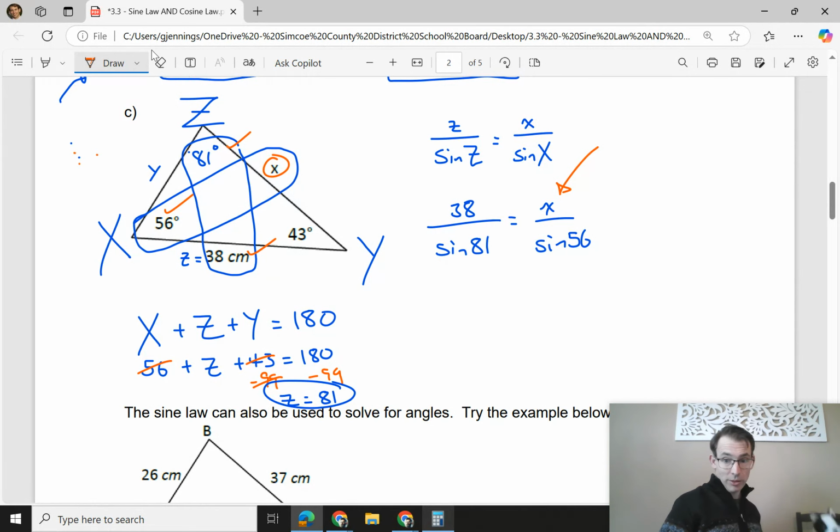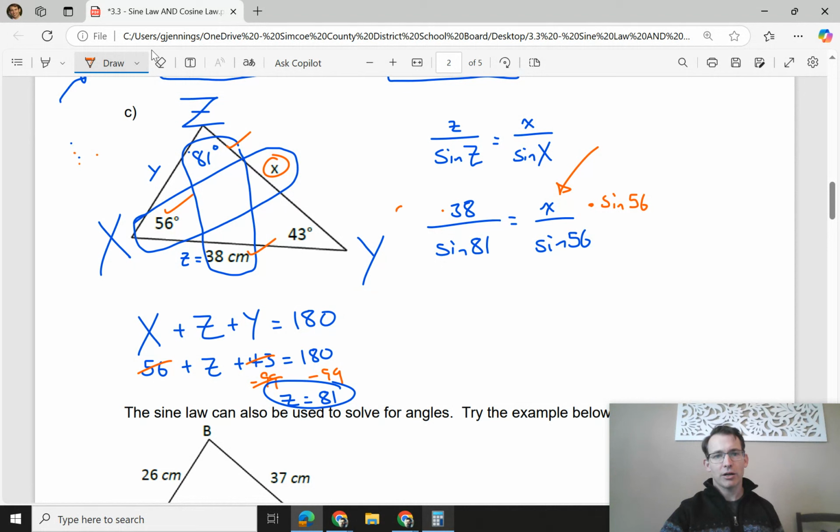I sure wish someone would tell me how to isolate x in this case. You should divide by... You're wrong. You should multiply by sine 56, because that would be the opposite of dividing by sine 56. Very good. I don't happen to know what sine 56 is, but I do know that sine 56 divided by sine 56 is 1. So that would be gone.